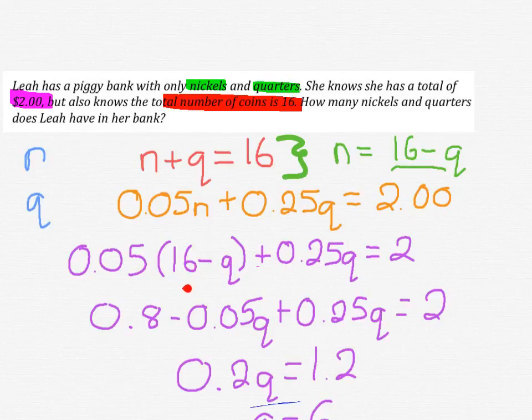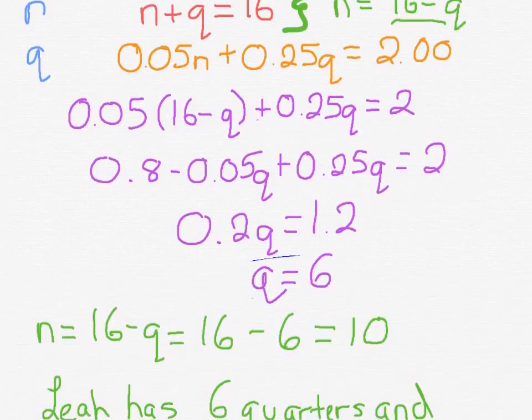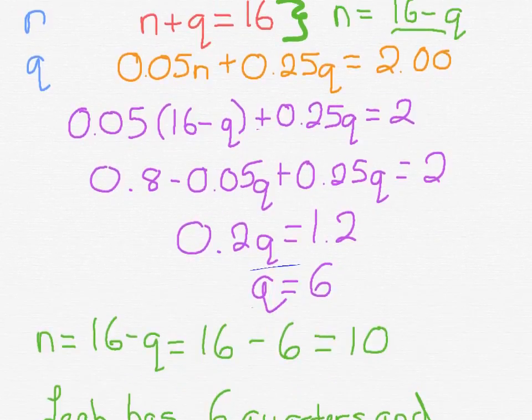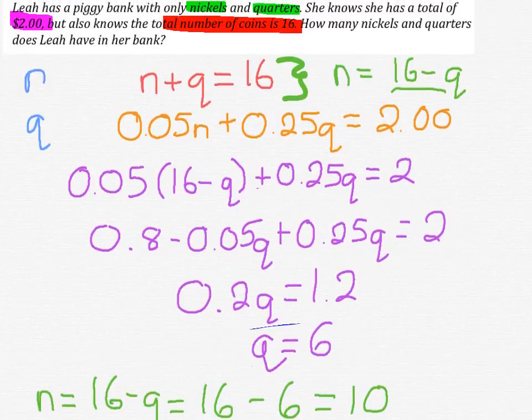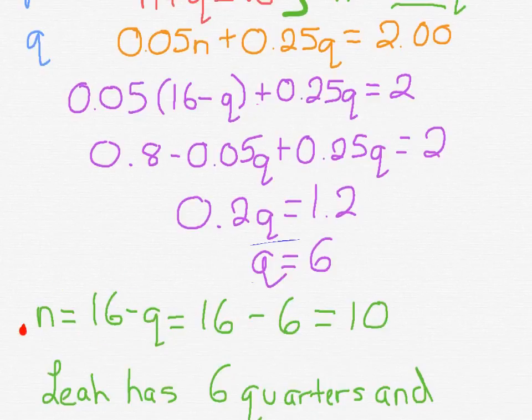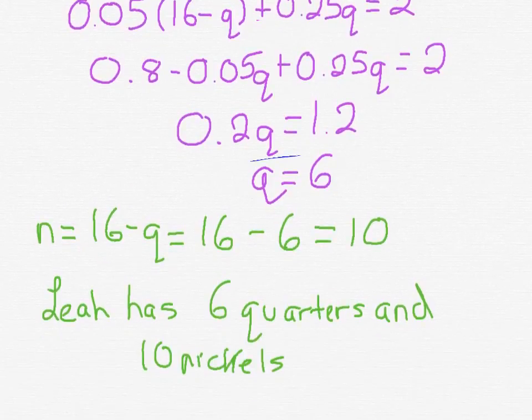So instead of 0.05N, I put 0.05 times 16 minus Q plus 0.25Q, and that was equal to 2. I solved for Q as 6, and then remembering that I had isolated N, I rewrote it down here, except now I knew that Q is equal to 6, so I do 16 minus 6, and that's equal to 10.